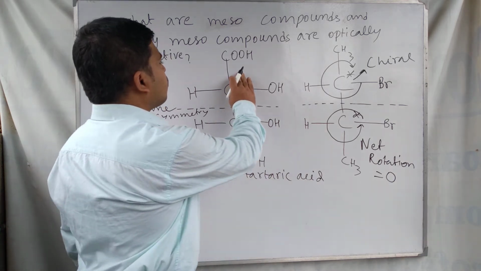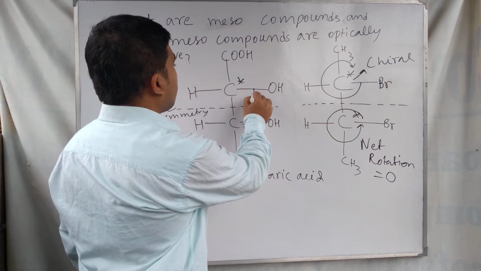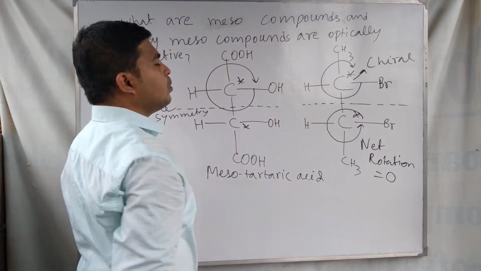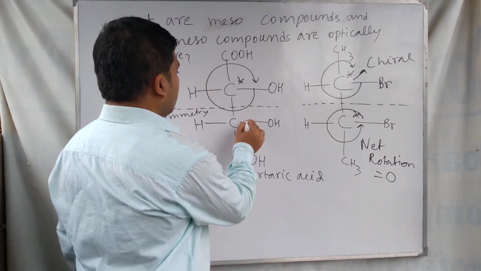For this molecule also, it has two chiral carbons, so the upper half rotates the light opposite to the lower half.